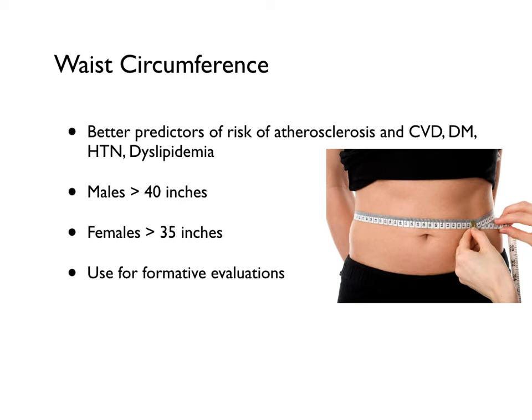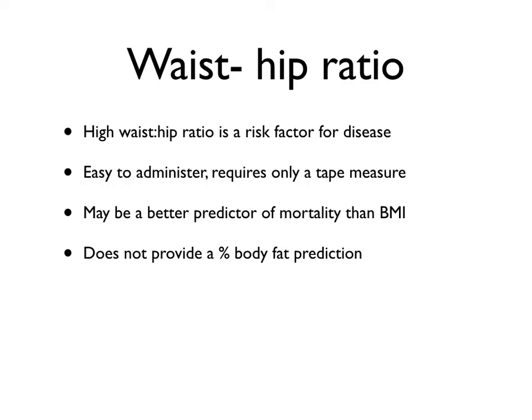You can't use a table that is based on a certain landmark if you use a different one. You have to have consistency. And so our interpretation is in chapter 11, and that's the data that you will use to interpret the waist circumference measurements.